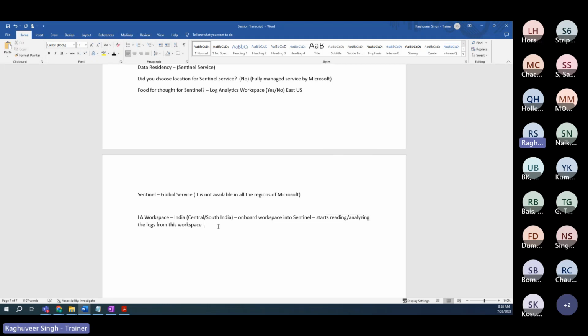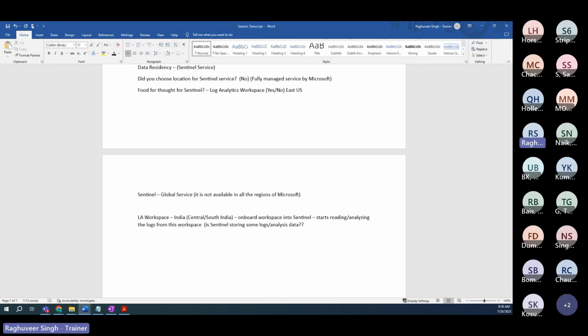Now the question, which is very important for you to understand, is: is Sentinel storing some logs, or is Sentinel storing its analysis data?